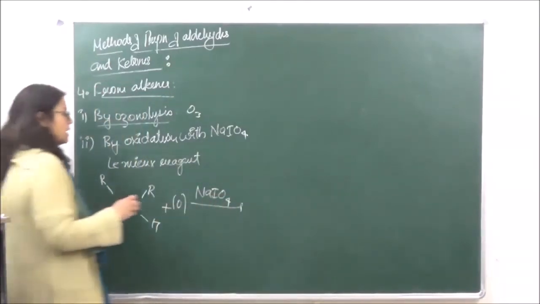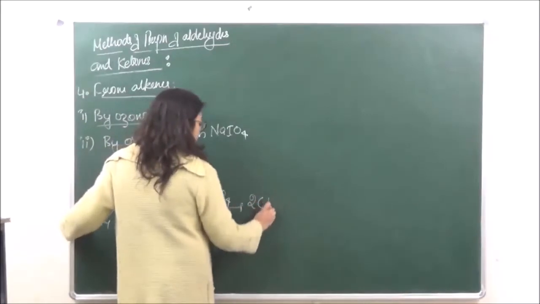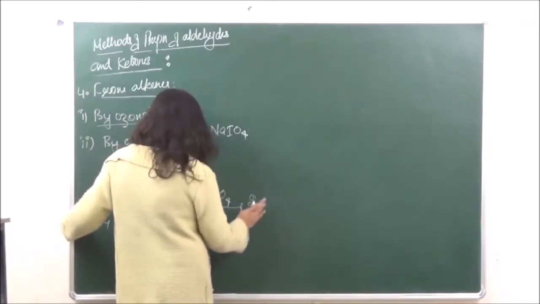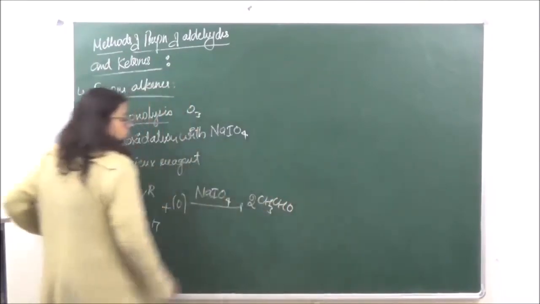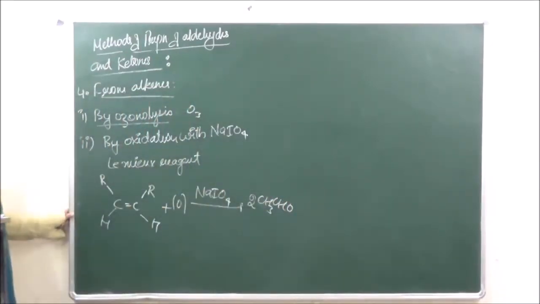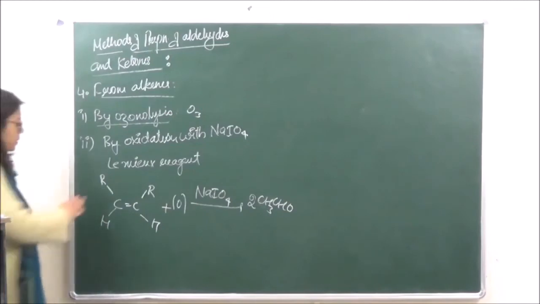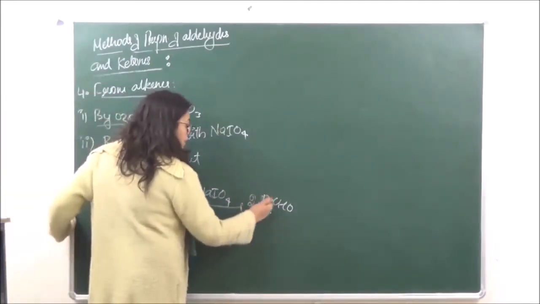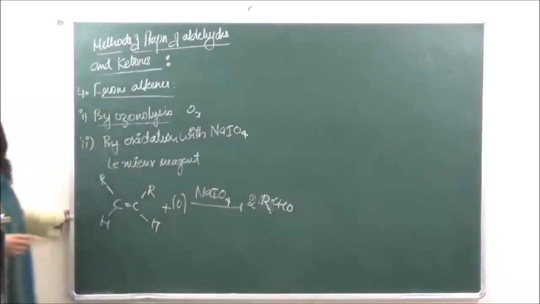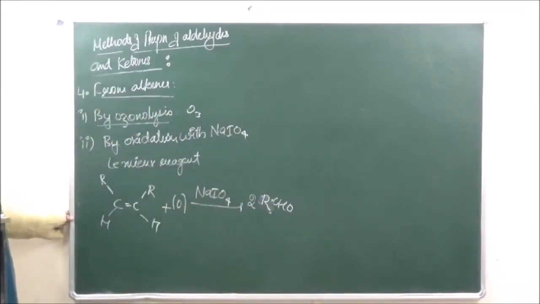This is going to give us aldehyde, CH3CHO, and because we have taken R, instead of taking CH3 over here, you can take RCHO. So alkene can be directly converted to aldehyde by taking sodium periodate.